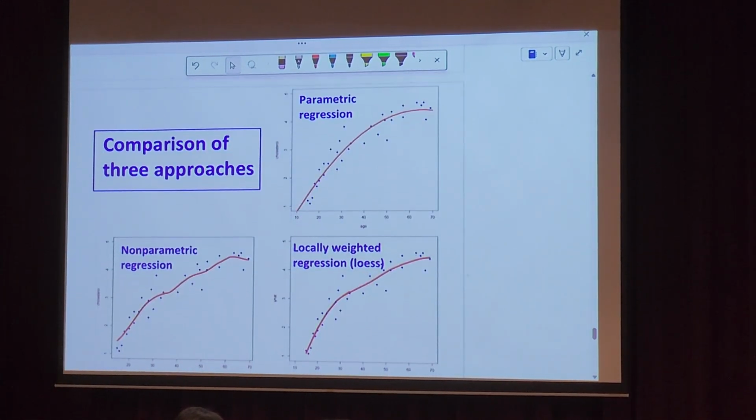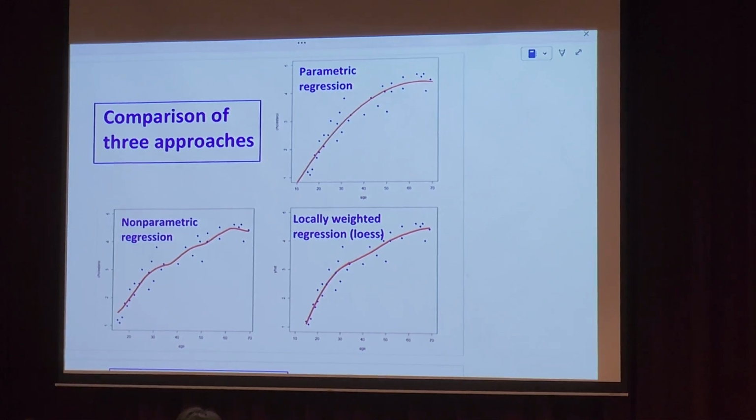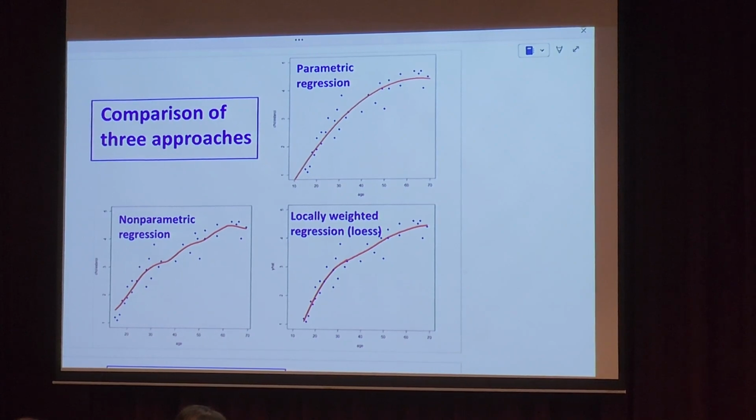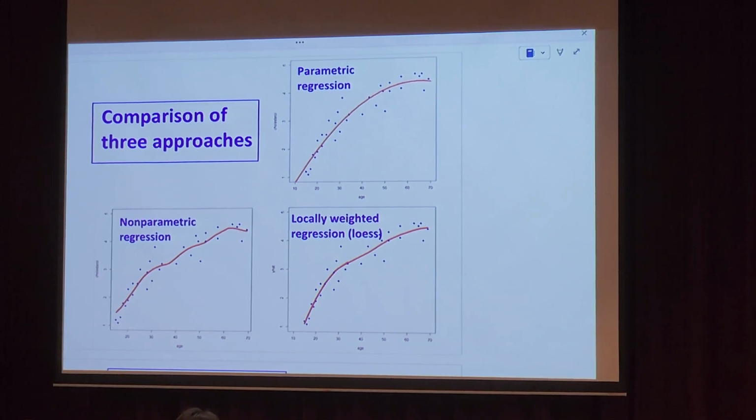Well, we can compare all three of them at one go, and you will have an idea what is the difference among them, and what is the similarity. So the one that is smoothest, of course, is the parametric regression model, because it follows an equation that you have determined.